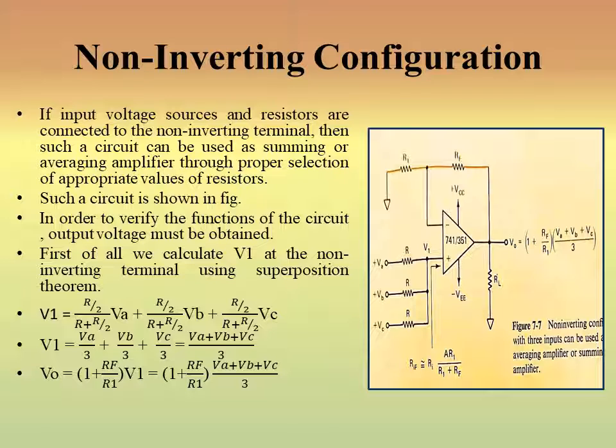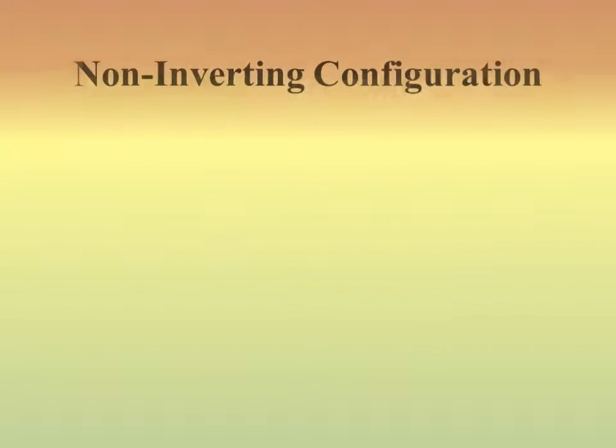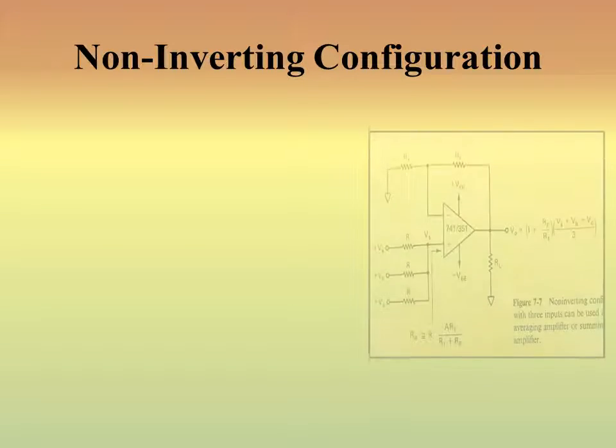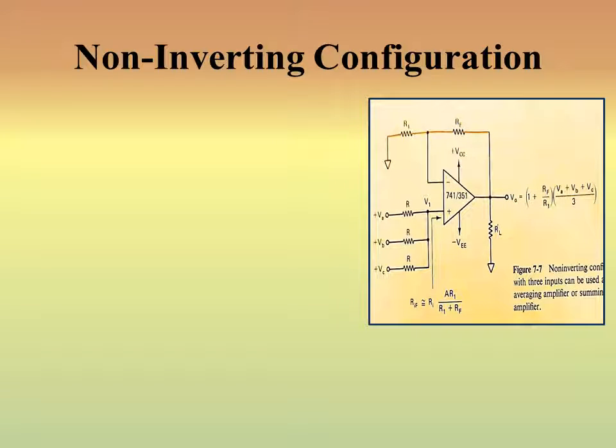So this is the general formula of the output voltage that we can calculate using this circuit as shown in the figure. Now with this we have calculated the general formula. Now we will see how this circuit can be obtained for a summing amplifier or an averaging amplifier.